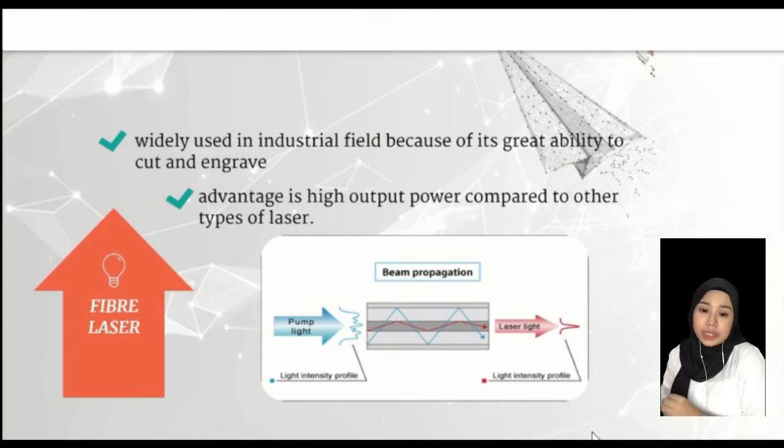The active medium of a fiber laser is an optical fiber doped with rare earth elements. The reason for this is that the rare earth element has an extremely useful energy level, allowing for the use of a less expensive diode laser pump source while still providing a high energy laser output.